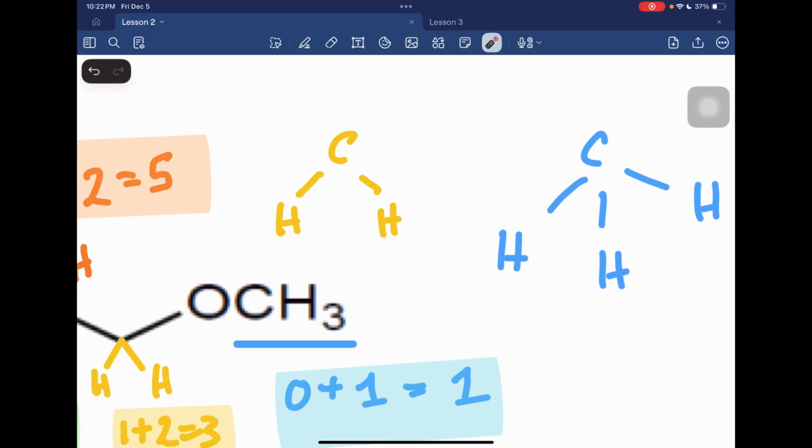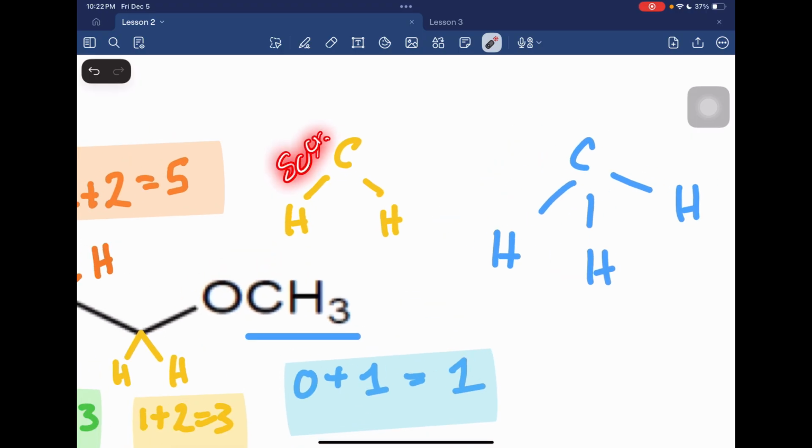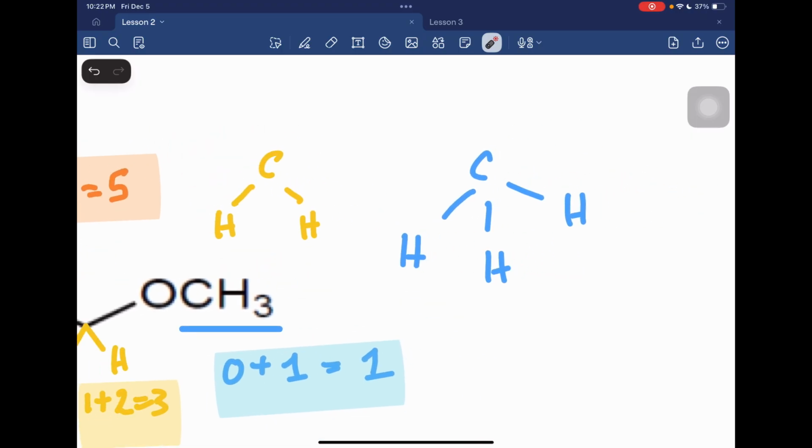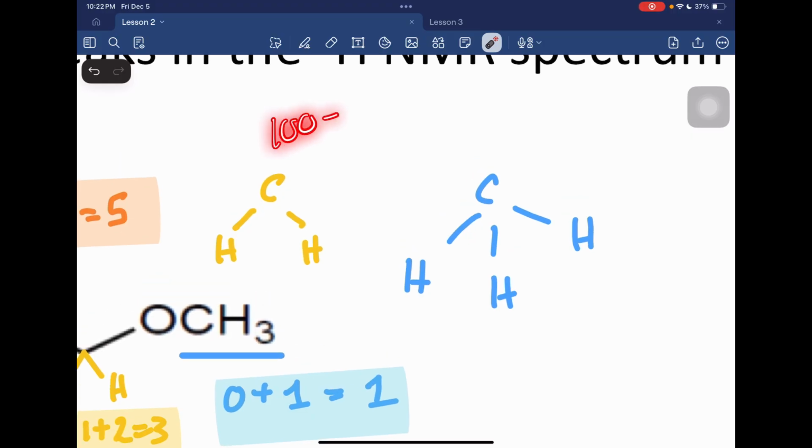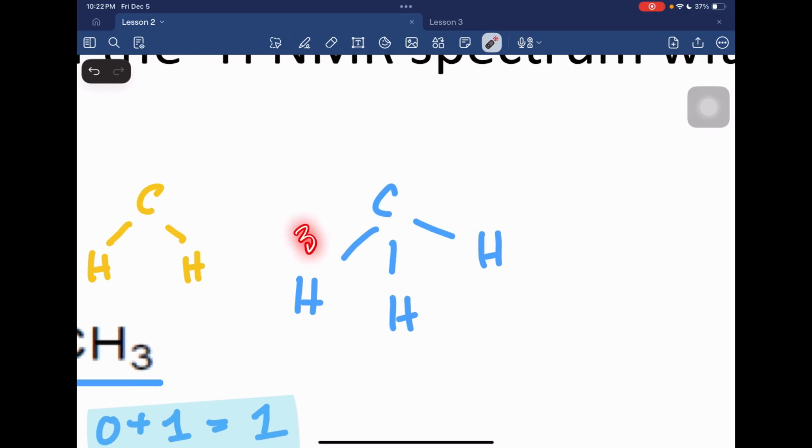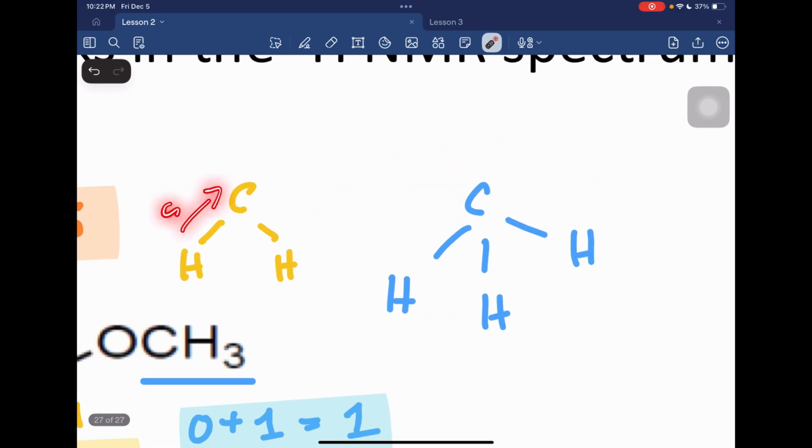So here we get 50%. For example, if I go to my calculator and do the math, 100 divided by 2 is 50. 100 divided by 3 is going to be 33. So here it's only getting 33% of electron density towards itself, whereas here it's getting 50% because it's only 2.